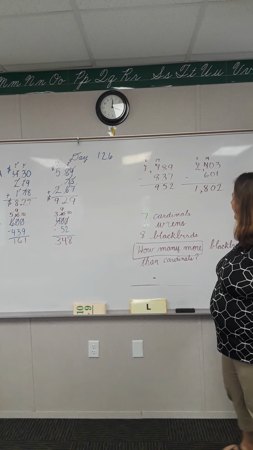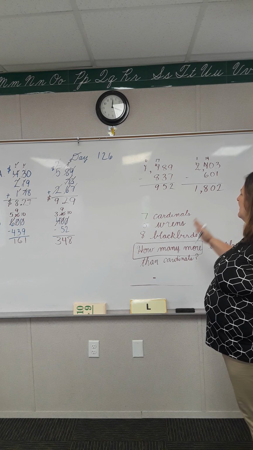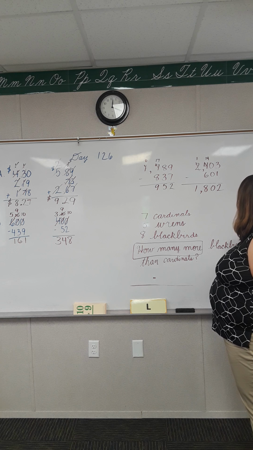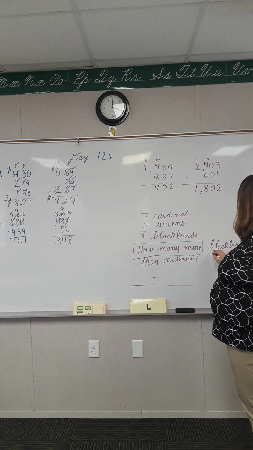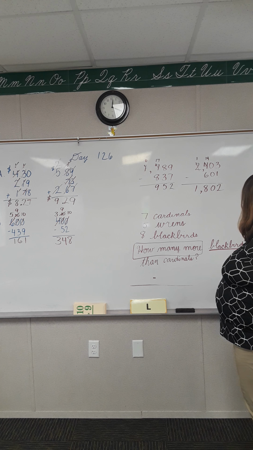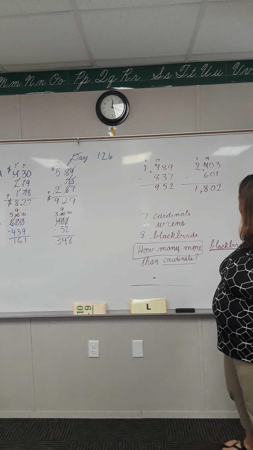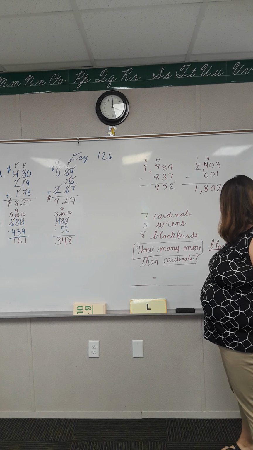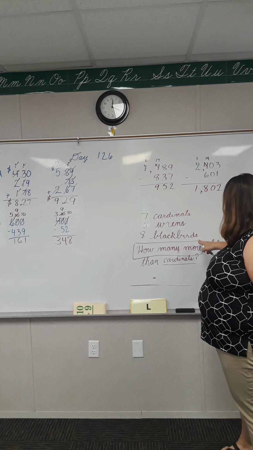We don't want to know the total birds. We want to know how many more of one she saw than another, or that she has than another. So now we need to know the number of blackbirds and we need to know the number of cardinals she has. So, we know cardinals and we know blackbirds.